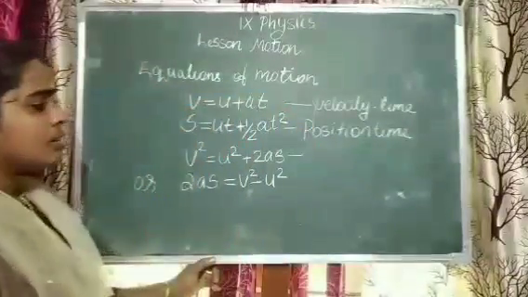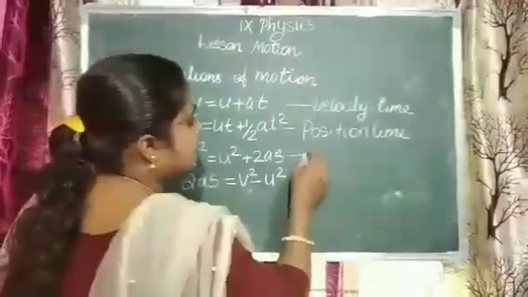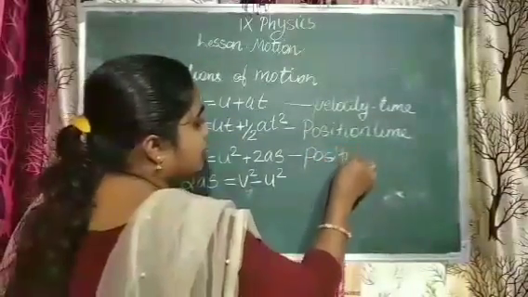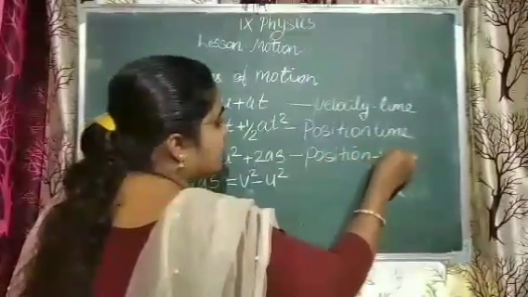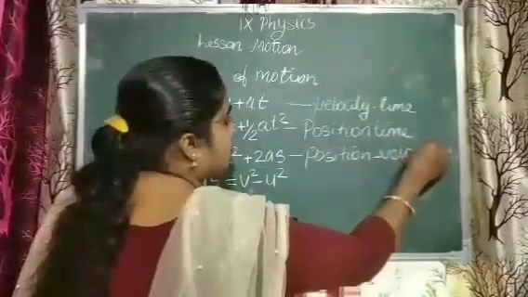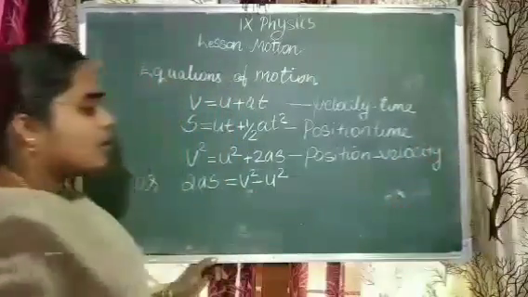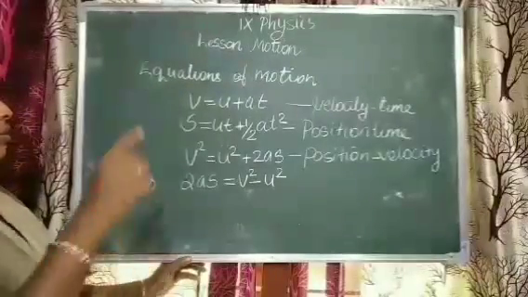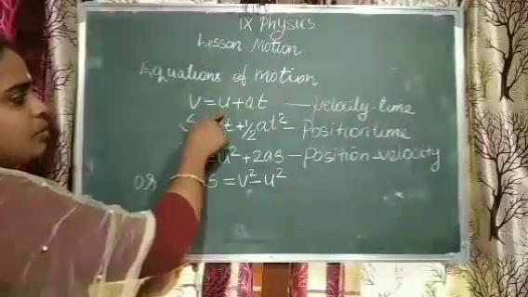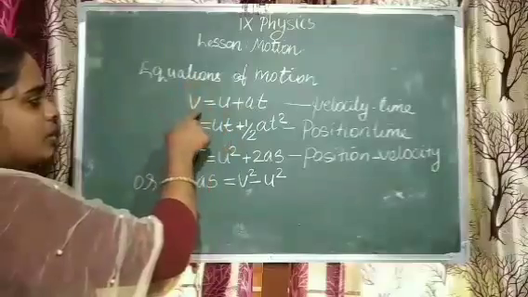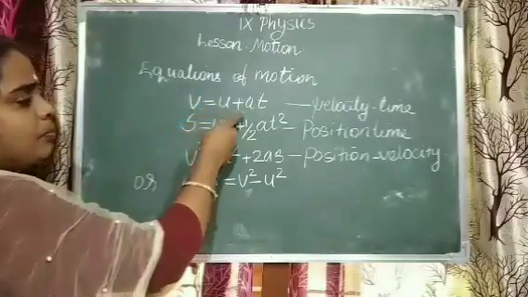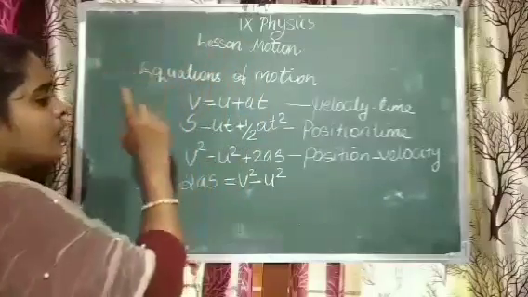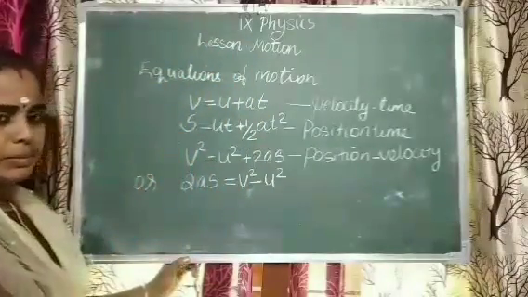The third is the position velocity relation. Here u is the initial velocity, v is the final velocity, a represents acceleration, t is time, and s is displacement.